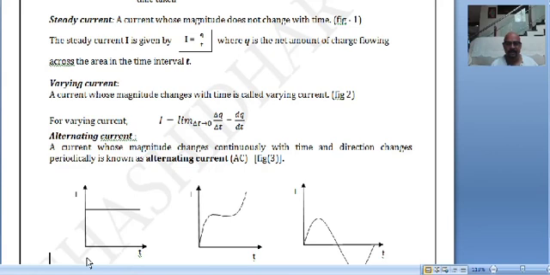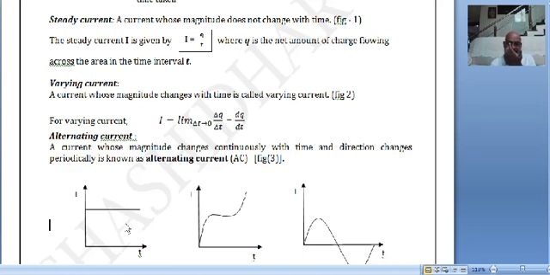Here current versus time is a straight line parallel to the time axis, which means the magnitude of current, that is the number of charges flowing per second, is not changing with time. Therefore we call this a steady current.